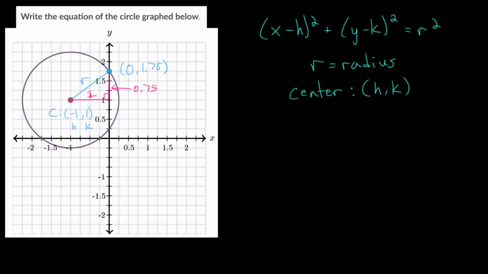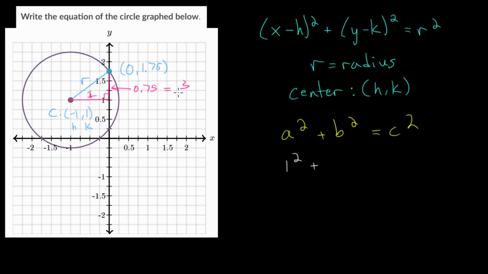And we can use the Pythagorean theorem from here, since we know that for right triangles, a squared plus b squared is c squared, where a and b are the legs on either side of the right angle, and c is the hypotenuse, which in this case is r. So let's plug in our values. We have that 1 squared plus 0.75 squared.